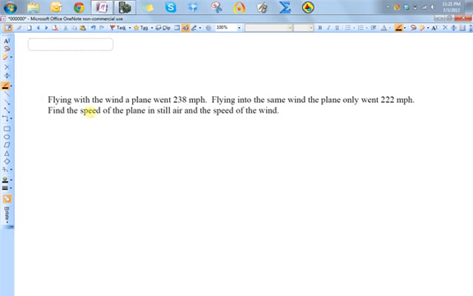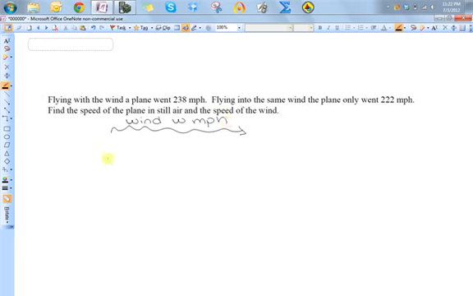Here I have a plane that is flying with and against the wind. Whenever you have a problem like this, sometimes you'll see ones with boats and rivers where the boat goes upstream and downstream. What we're going to do is say, okay, this is the wind, and it has some speed. So the wind is W miles per hour.